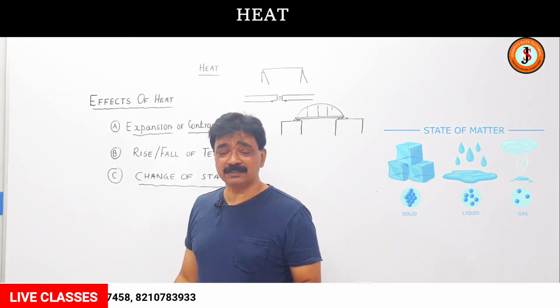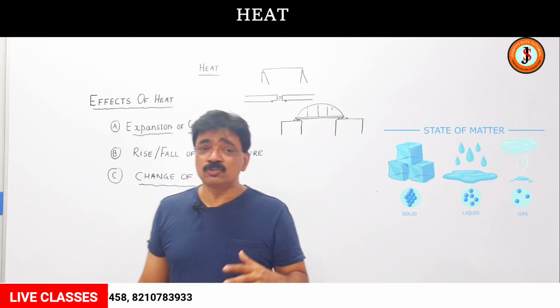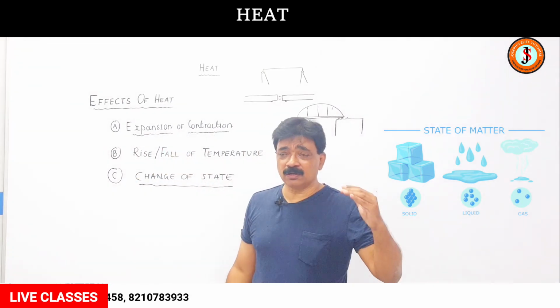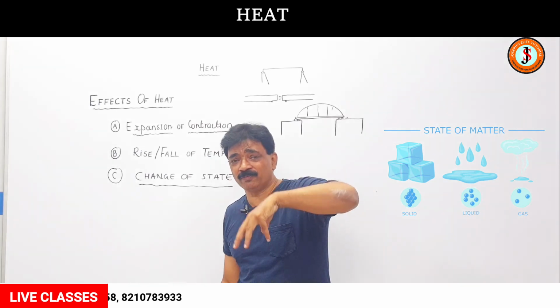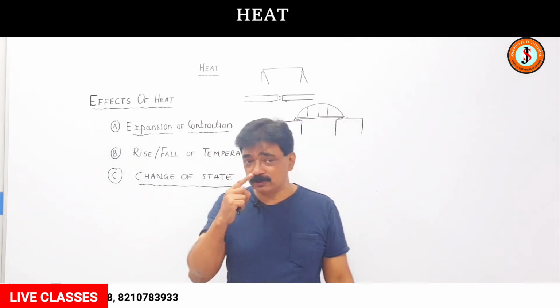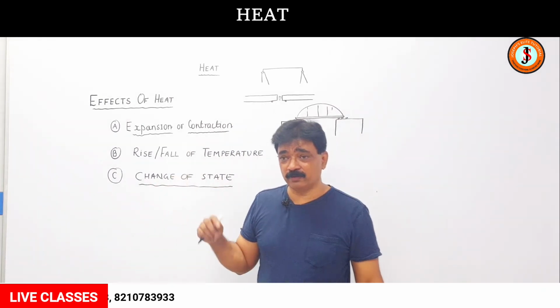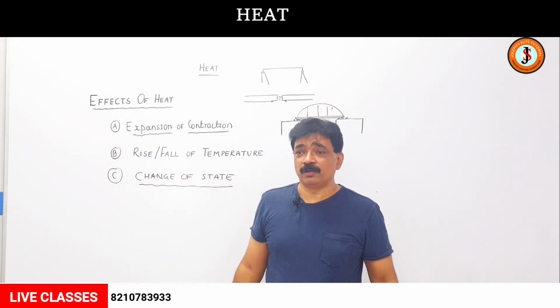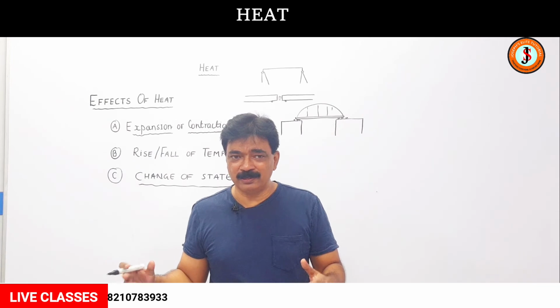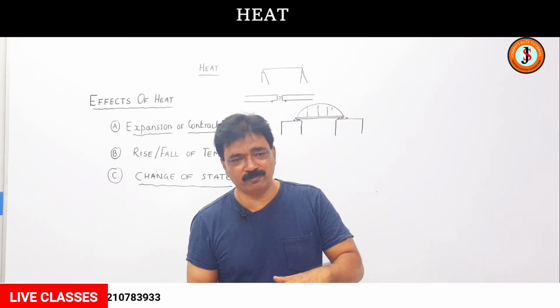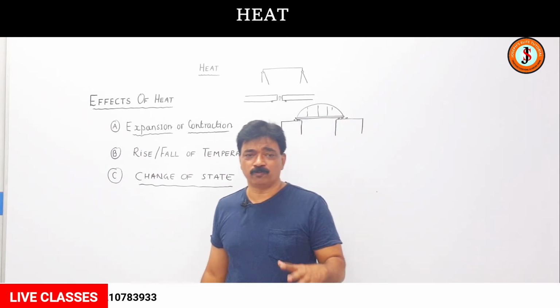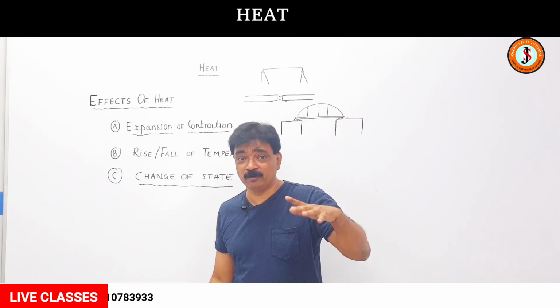Let me explain this way. Solid melts to give liquid, and liquid vaporizes or boils to give vapor. Even iron, when you heat it, will start melting at around 1528 to 1538 degrees, a very high temperature.